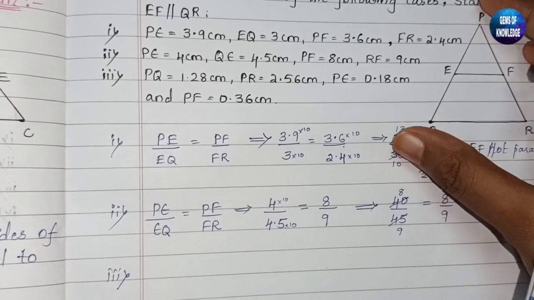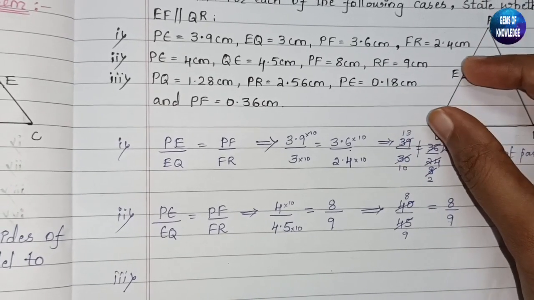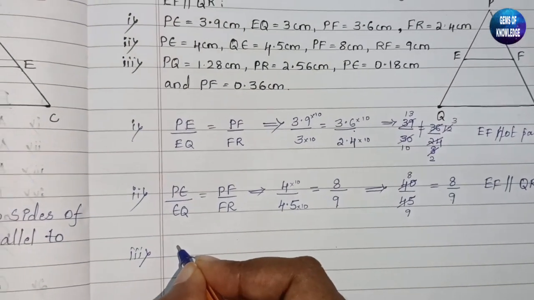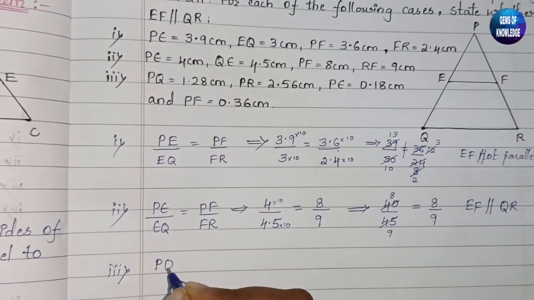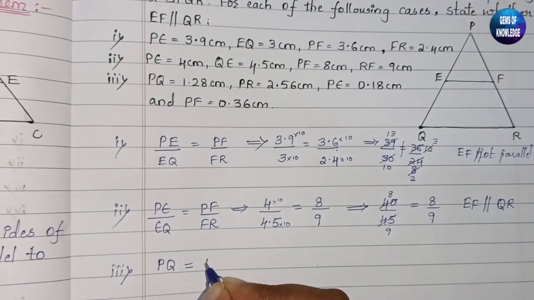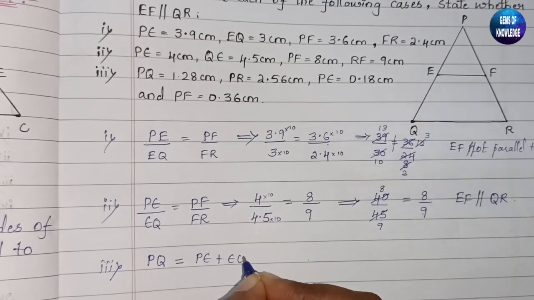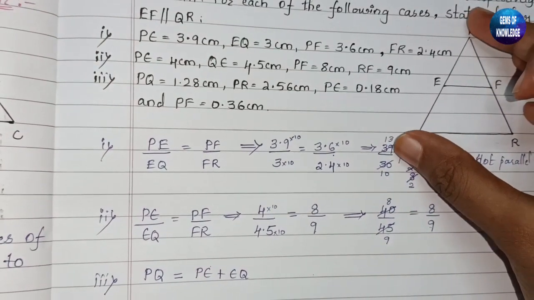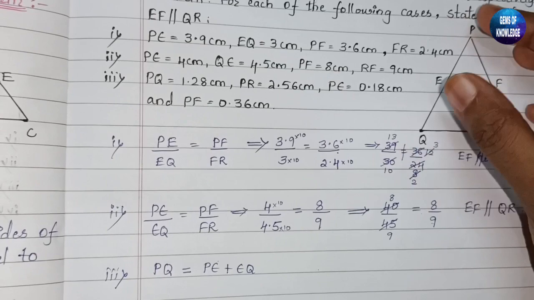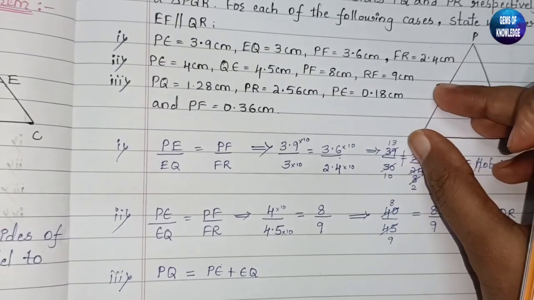So if we subtract the values, we are going to get EQ. Let me show you. PQ is equal to PE plus EQ. This PQ is divided into two parts, PE and EQ.